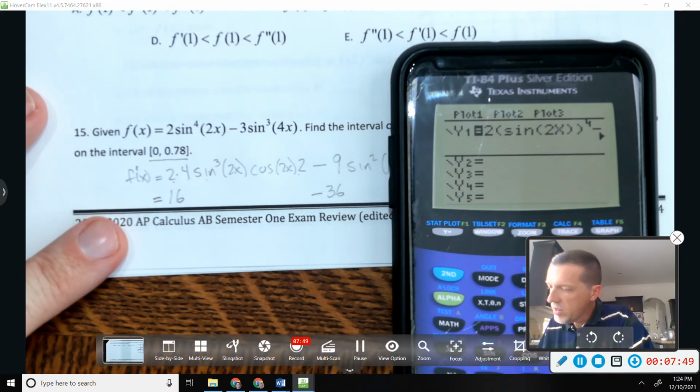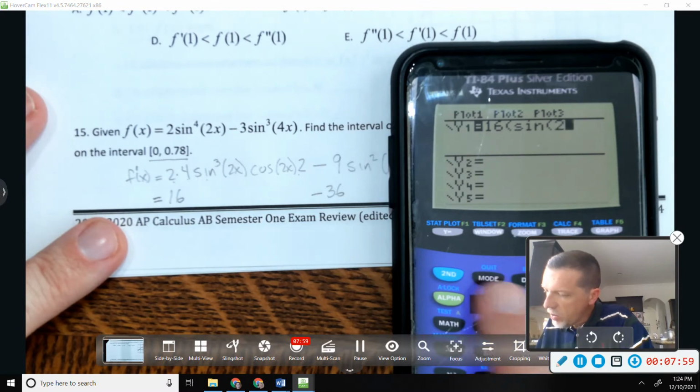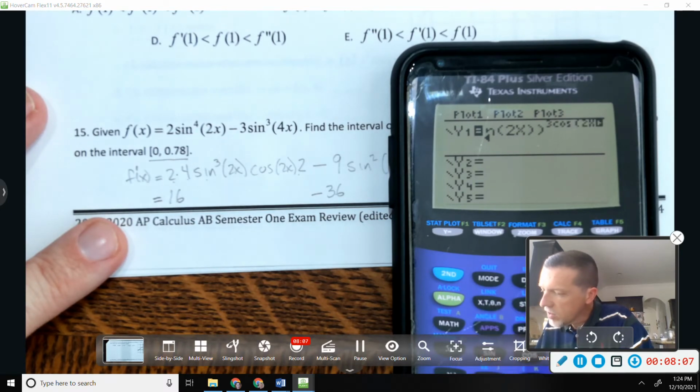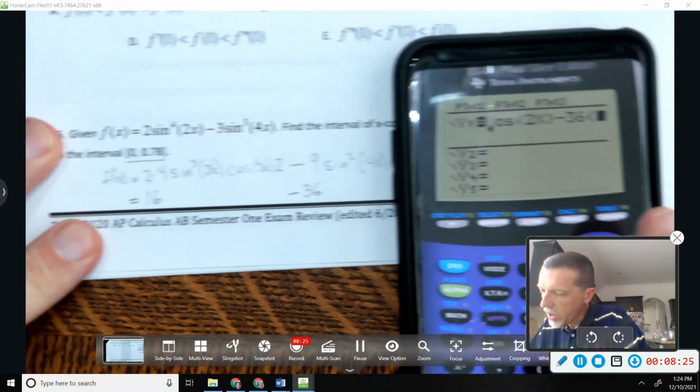And oh, that's really close to the function right there, but 16 sine 2x cubed cosine 2x. Whoa. So sine cubed, then cosine 2x minus 36 sine of 4x.